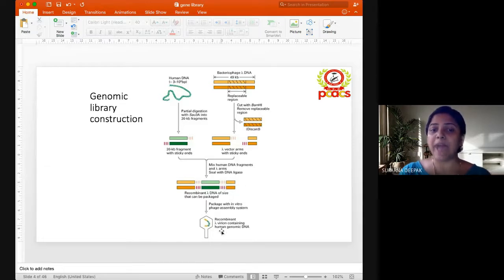Then they are packed into virions. Once packed, this is going to be a collection of your virions or lambda phages. That is going to be your genomic library. In the previous example, it would be a collection of E. coli cells. If you want to do selection or screening for this, you have to go for phage hybridization. In the case of the first one, you have to go for colony hybridization.